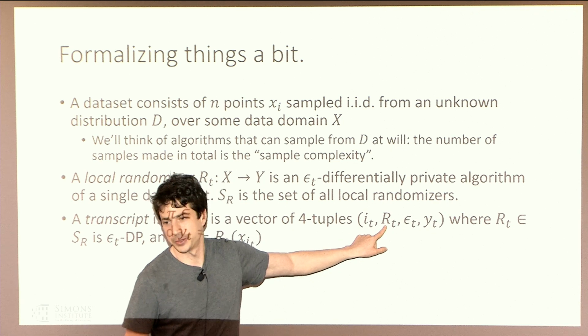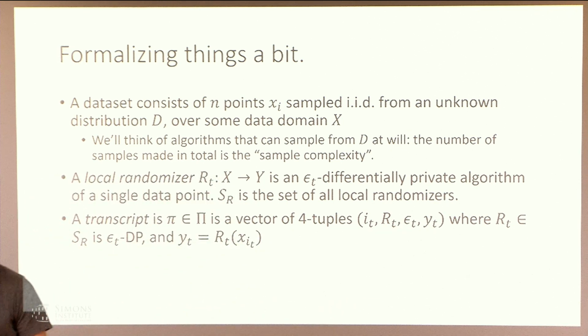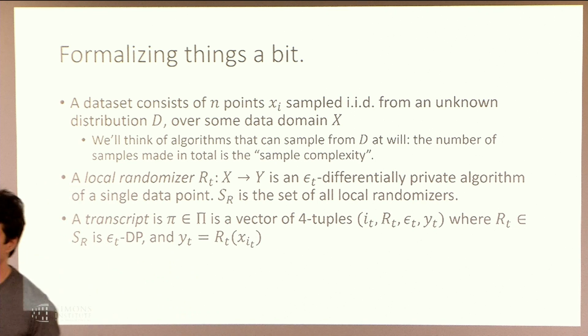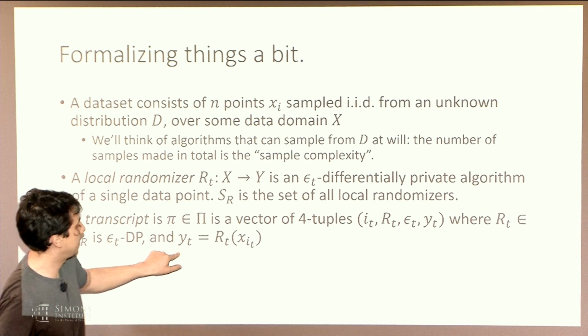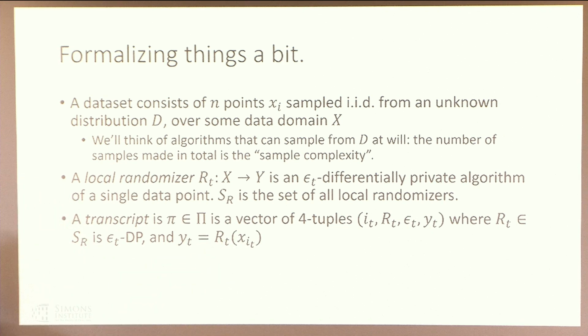That's really a property of the local randomizer, but I'm going to talk about it a lot, so let's redundantly include it in the transcript. So R_t is epsilon_t private. And then there's y_t, which is the answer the user gave. y_t is a sample of the output of the local randomizer applied to the data of person i_t.